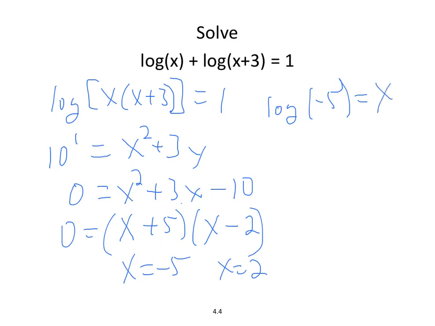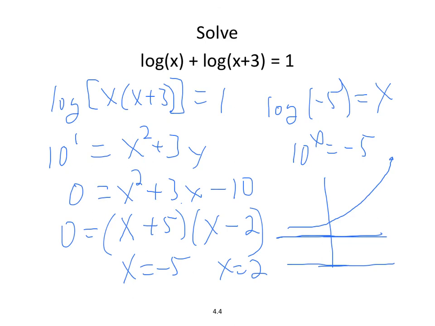Well, if I rewrite this as 10 to the x equals negative 5, and I know the graph of 10 to the x looks like this, it's always positive. It approaches that horizontal asymptote, y equals 0. So that graph will never cross the line y equals negative 5. So I can't raise 10 to a power and get it to be negative 5.